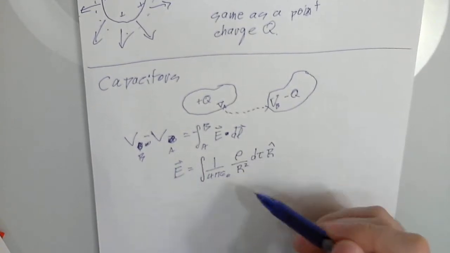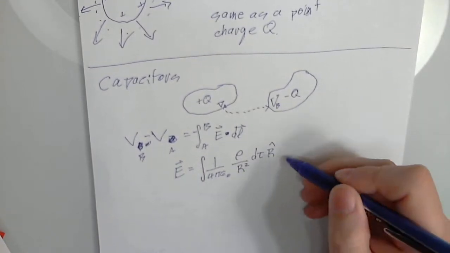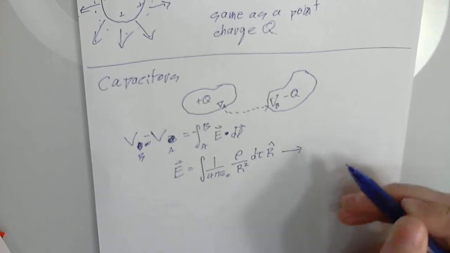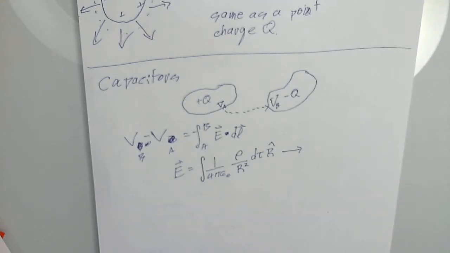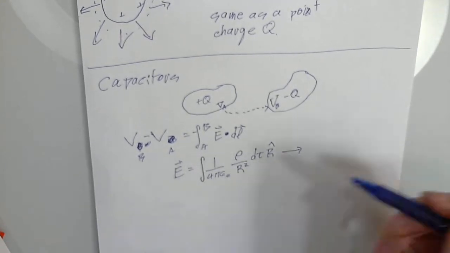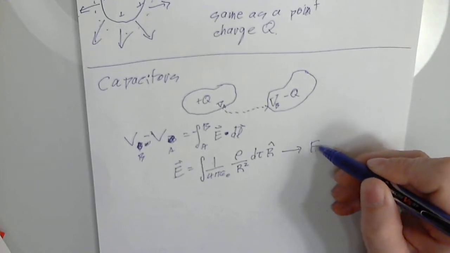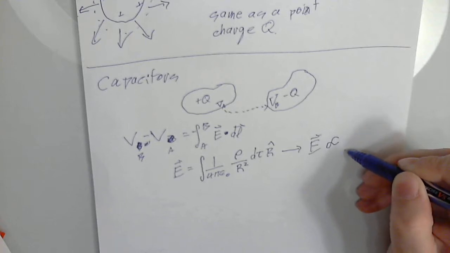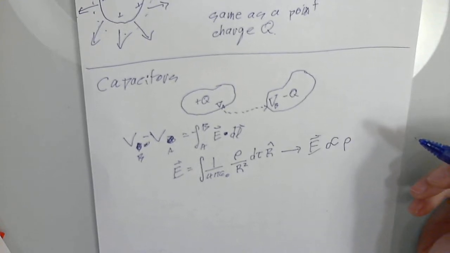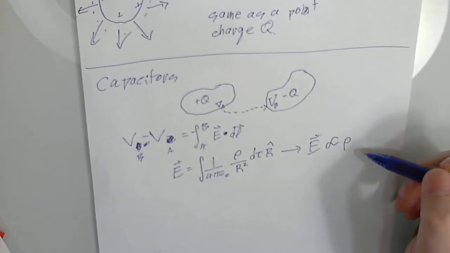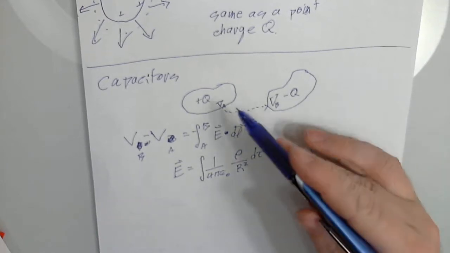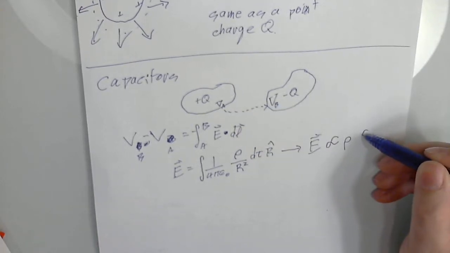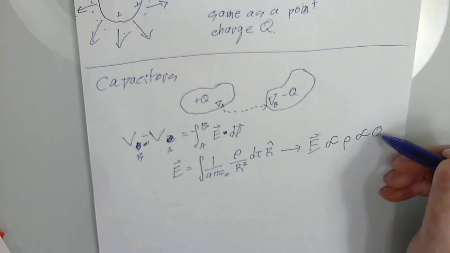The only thing that I'm going to want to get out of this is not a hope of actually calculating the electric field, but just the obvious statement, looking at this, that the electric field is going to be proportional to the charge density. And of course the charge density is going to be proportional to the amount of charge that I put on these in the first place.